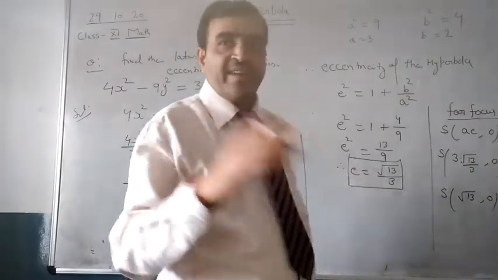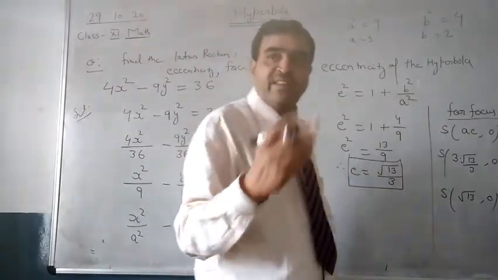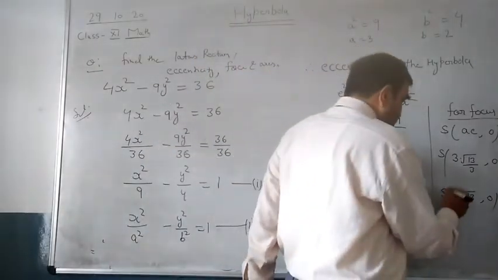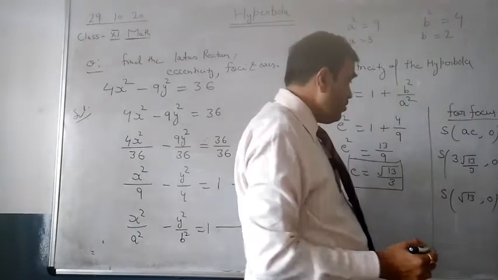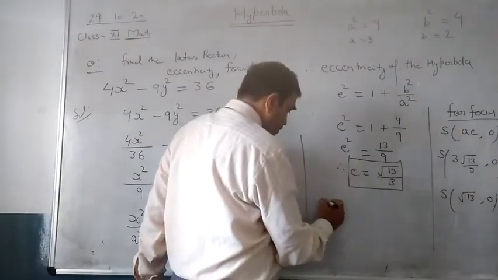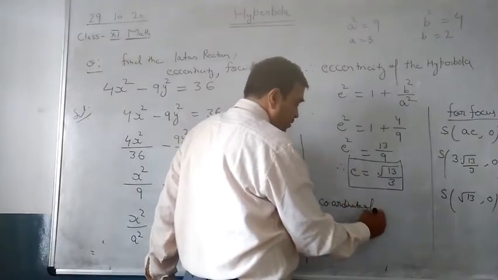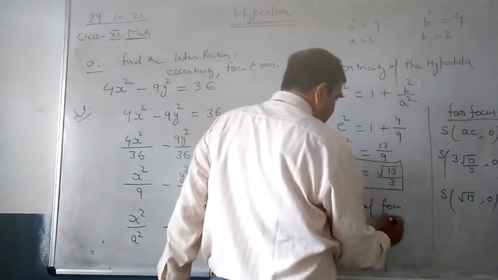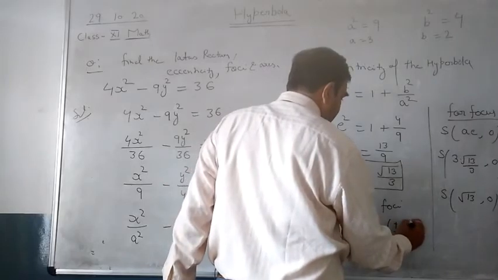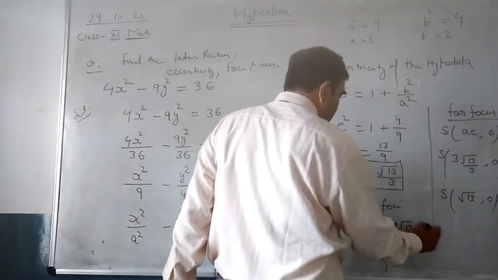Similarly, for the second focus we will get (minus under root 13, 0). So the coordinates of the foci are plus minus under root 13, 0.